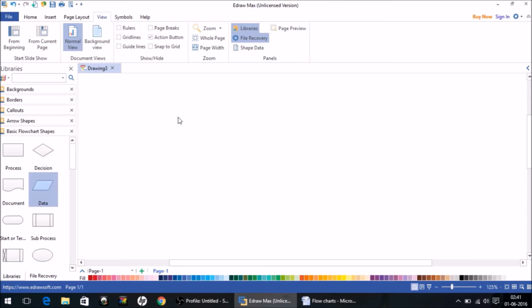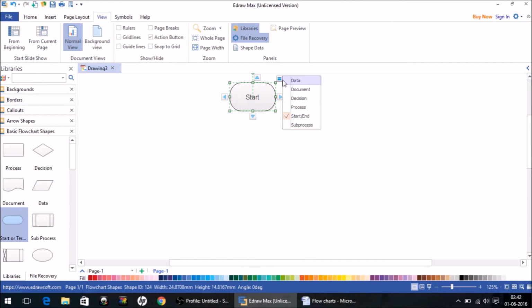A rounded rectangle. So here it is. I will simply put it here, and I will write start inside it. So I have a starting point.